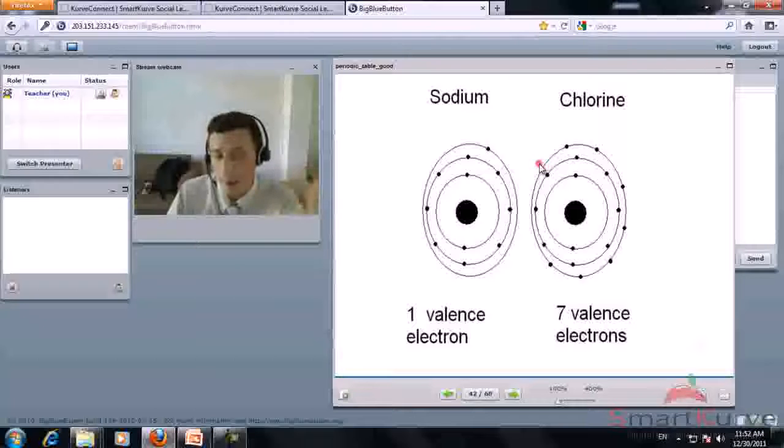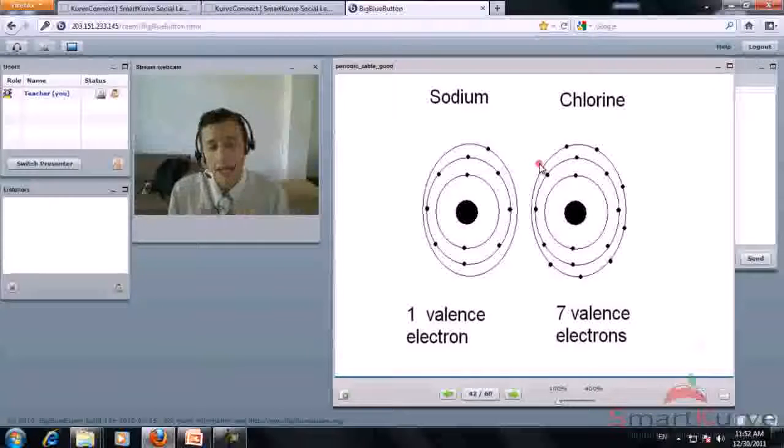Now remember, elements want to have 8. That's our octet rule. So this chlorine has 7. It's like chlorine has 1 space that it needs to fill.